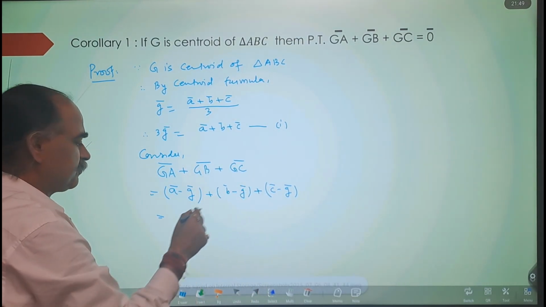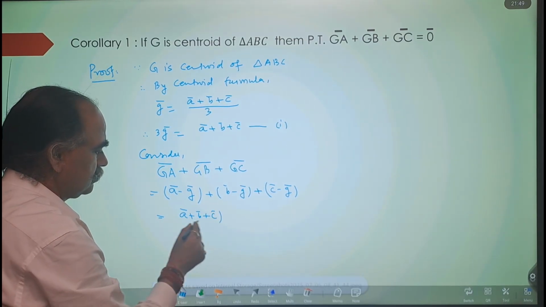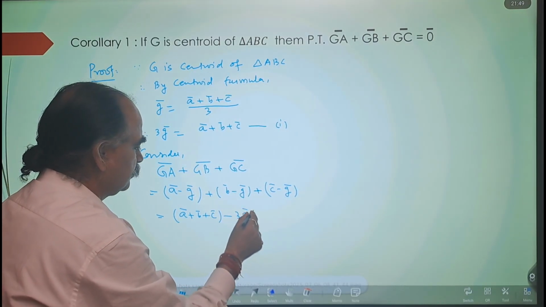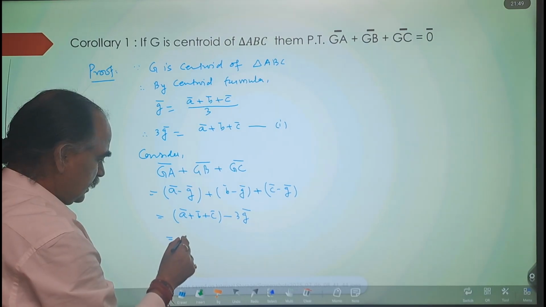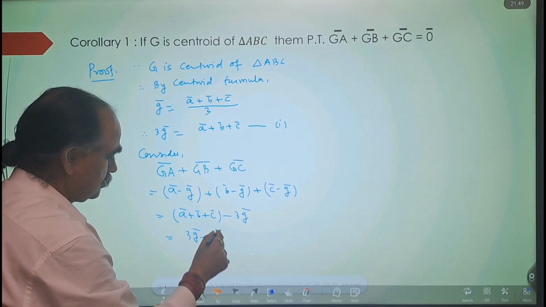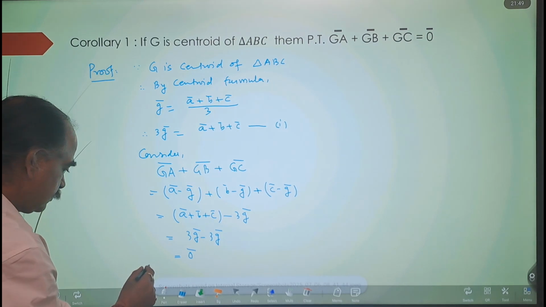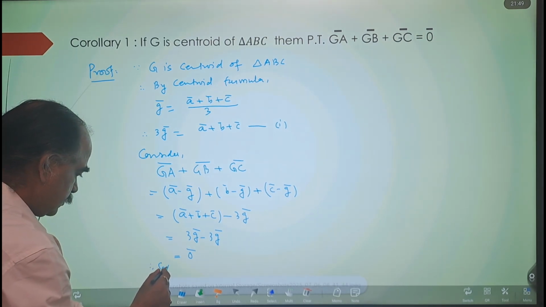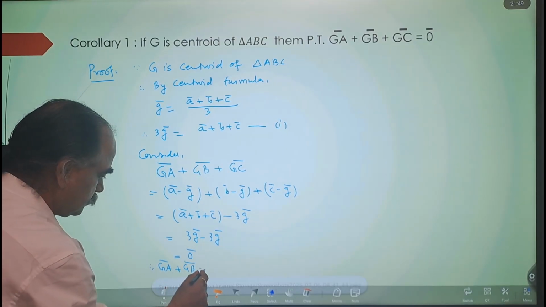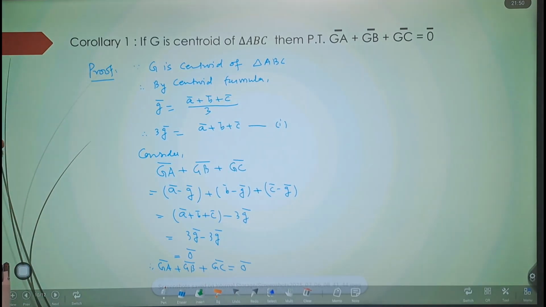A bar plus B bar plus C bar you take together. Minus G bar minus G bar minus G bar will give minus 3G bar. And this is 3G bar. Therefore, GA bar plus GB bar plus GC bar will be 0 bar.